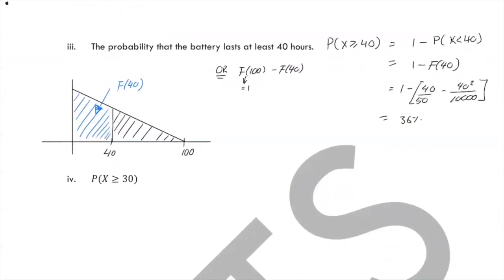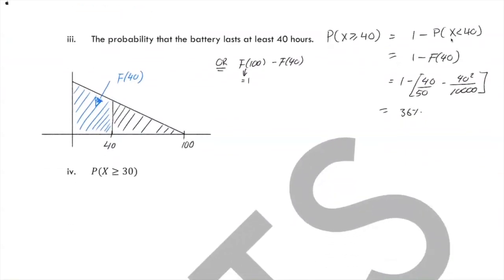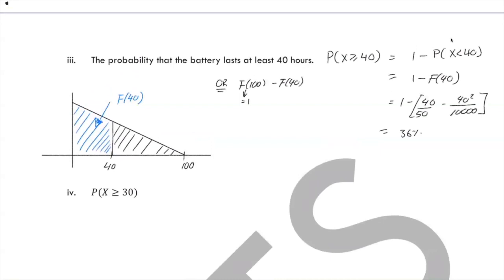Okay, we don't have to do the last one. I just want you to write out what it would look like. Don't even bother subbing in. Probability x is greater than or equal to 30.